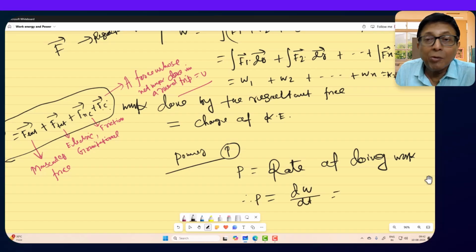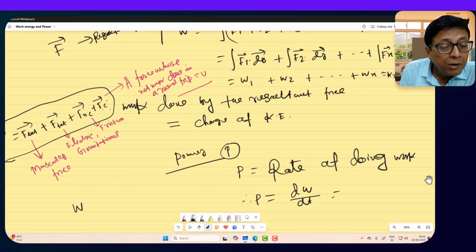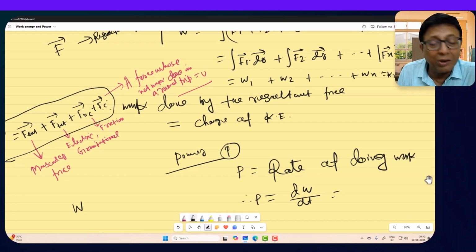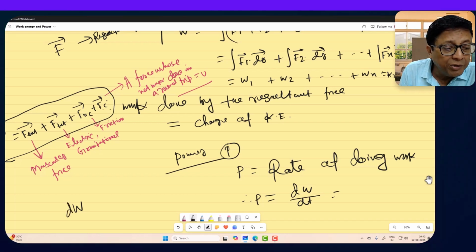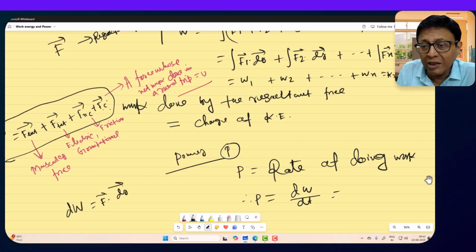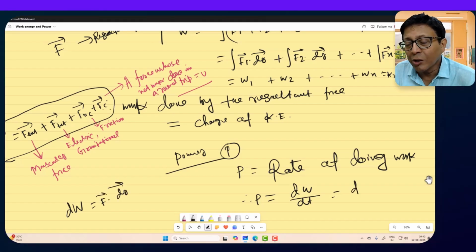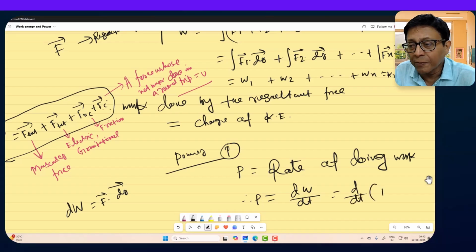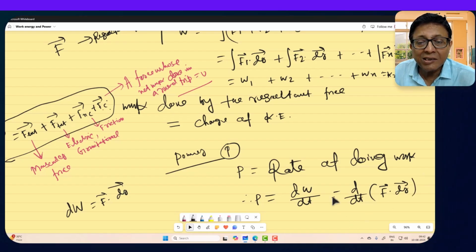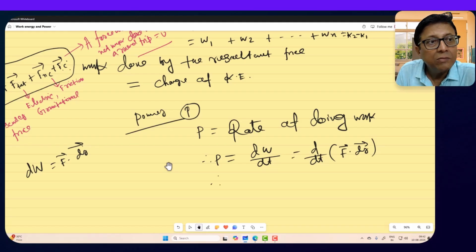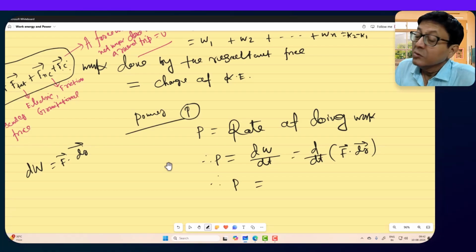But W, what we have seen? W, we have written this manner. dW is what? F dot dr. We have just done, put it there. So it is d by dt of F dot dr. Therefore P equal to, now what?